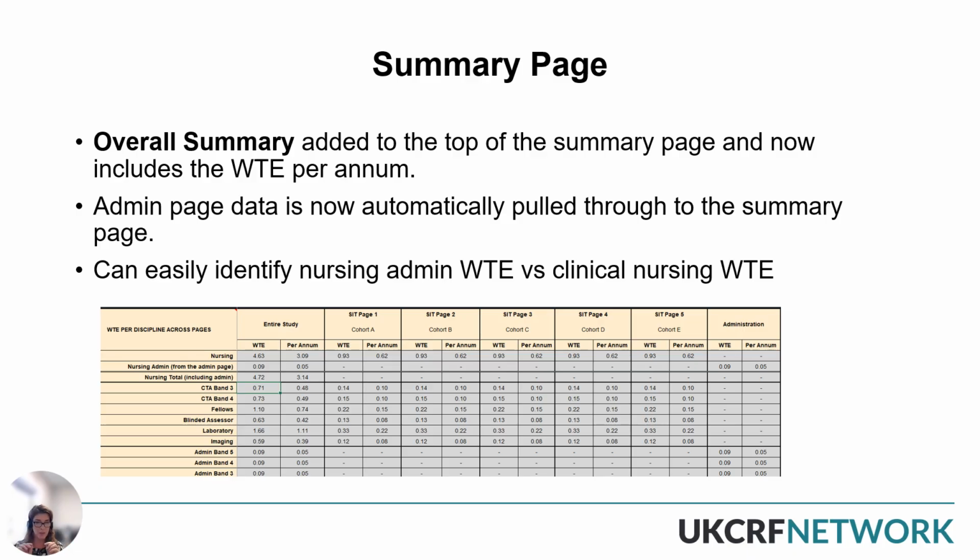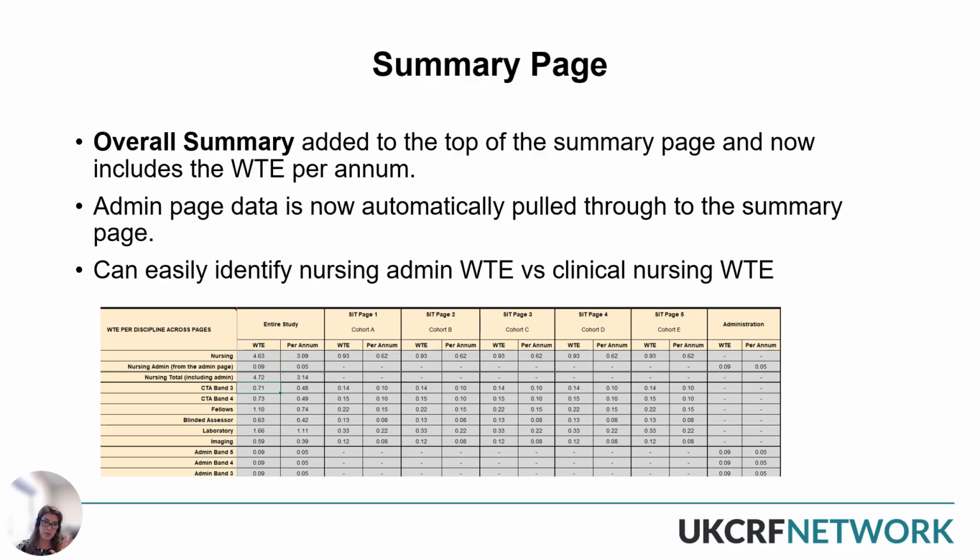It might be a bit hard to see on this screen because there's a lot of data to fit in quite a short space, but you'll be able to see when you're using the tool itself that the whole time equivalent and the whole time equivalent per annum for all of the staff groups on all of the pages, including admin, will now pull across onto the summary page.